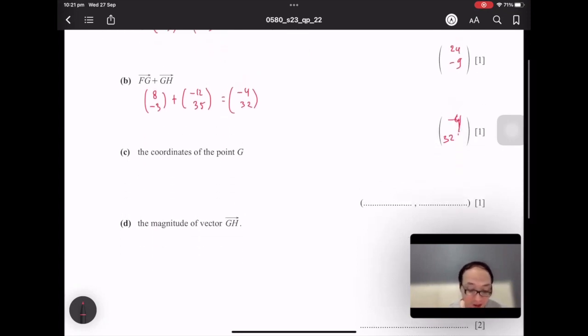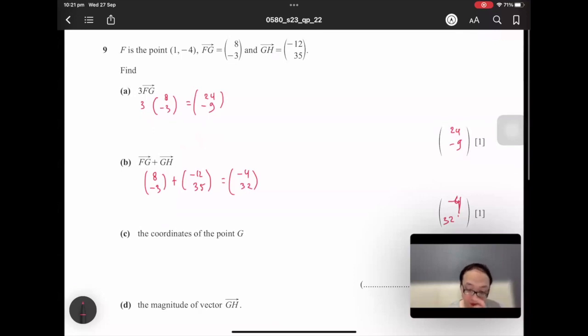Find the coordinates of the point G. Because we know the point F, we can use FG.